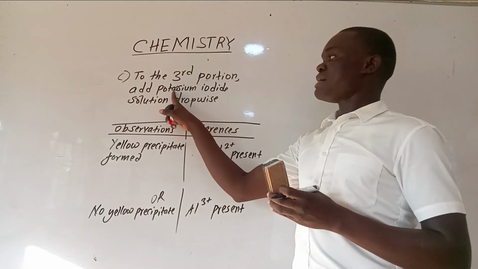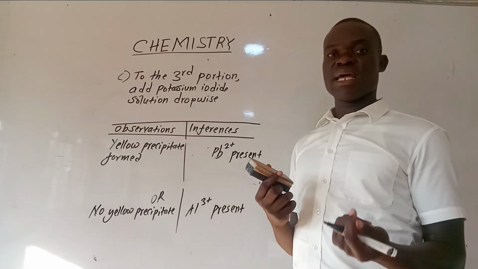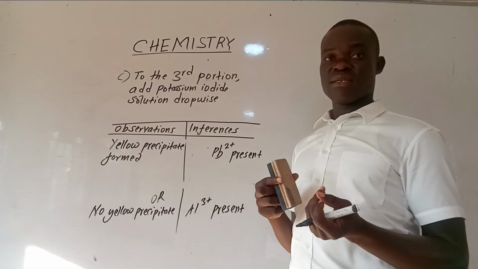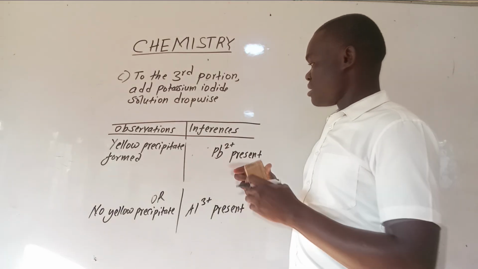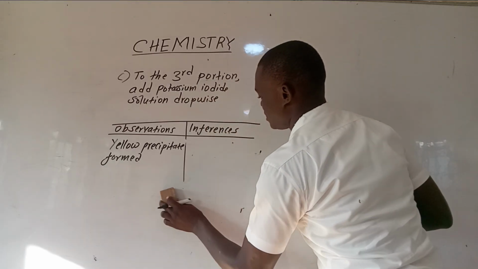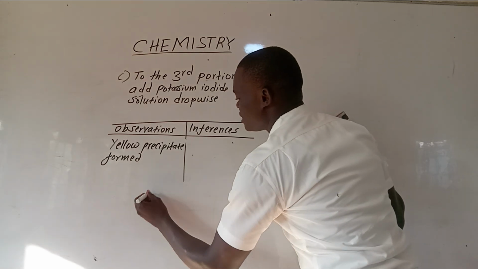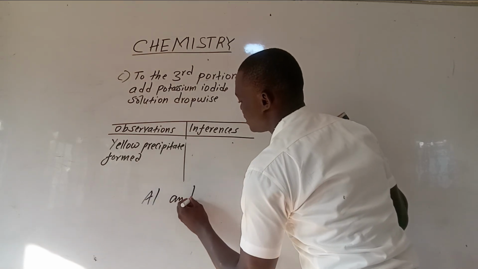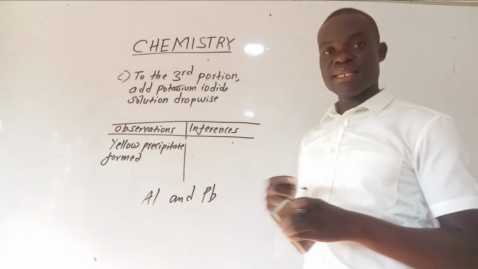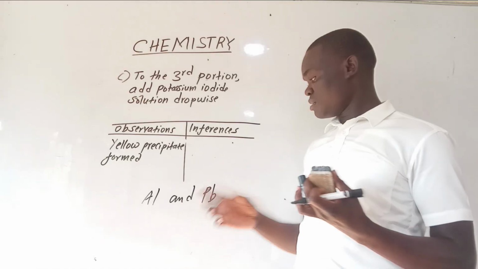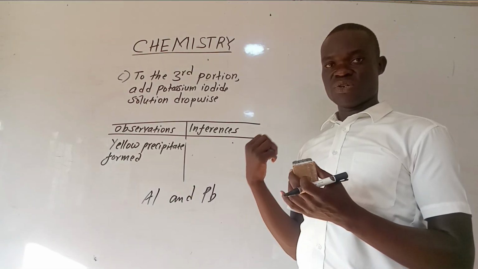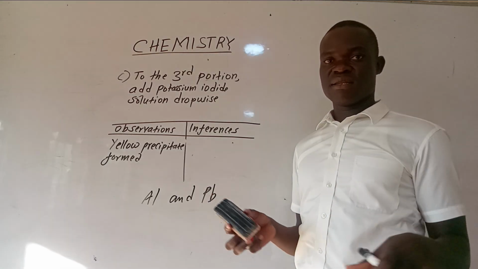So apart from potassium iodide, we can also use sodium chloride, or we can use hydrochloric acid. Why? Because of these two metals, aluminium and lead, the solubility test states that lead chloride forms a white precipitate, meaning it is insoluble in any chloride solution.